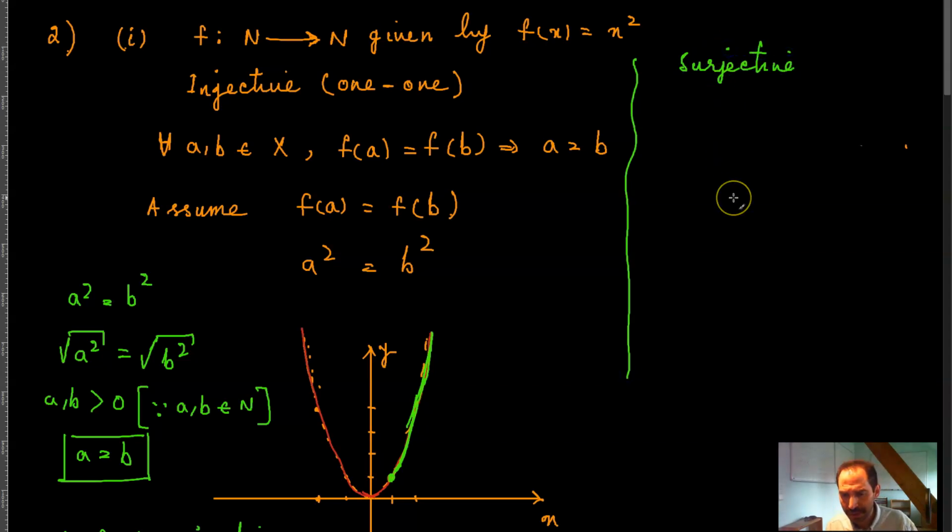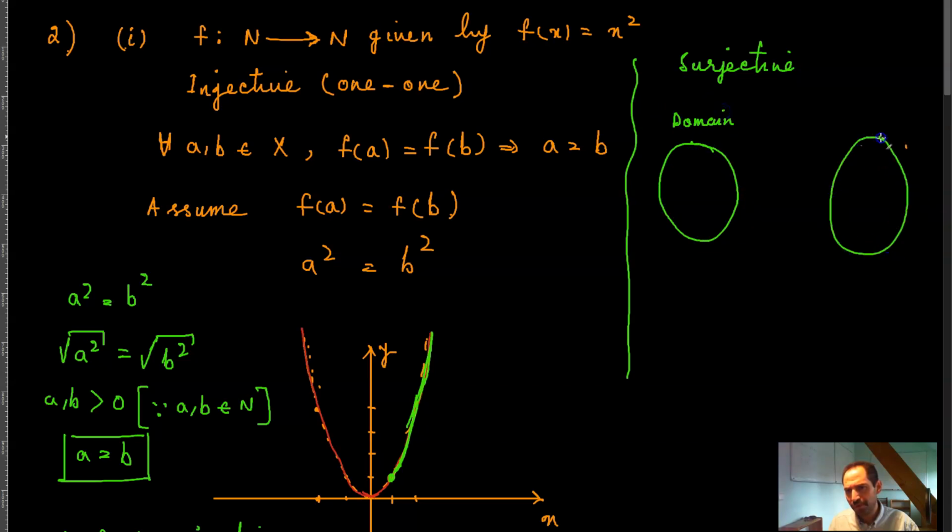In order to make sure that f is surjective, we need to make sure that it's a situation like this, meaning that you have your domain here, and you have your codomain here, and there are all of these elements A, B, C, and D, and they are mapped to some elements 1, 2, 3, 4, and so on and so forth.